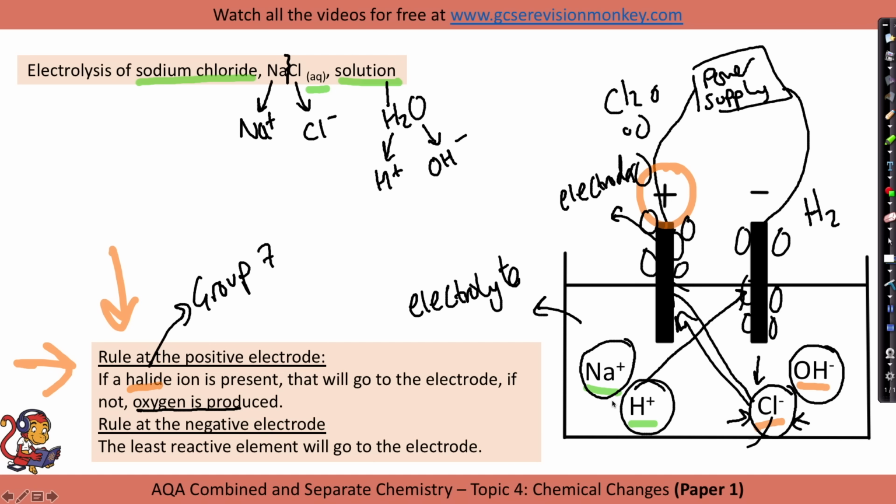And the sodium will stay in solution, and that will react with the hydroxide that's left over and make sodium hydroxide. So the products we've got are hydrogen coming off at the negative electrode, chlorine coming off at the positive electrode, and sodium hydroxide just remains in the solution.